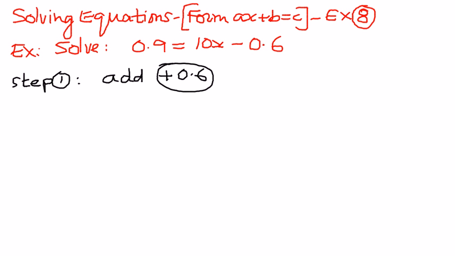Since we have a negative 0.6 on the right hand side, if we add a quantity which is equal but opposite in sign to negative 0.6, we will be able to isolate the x term, and then in the next step we can further simplify it and find the value of x.